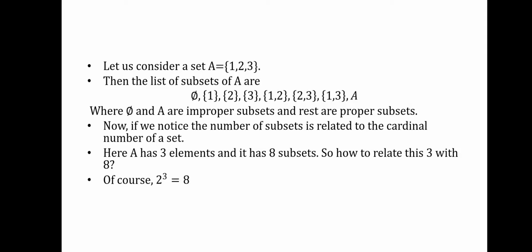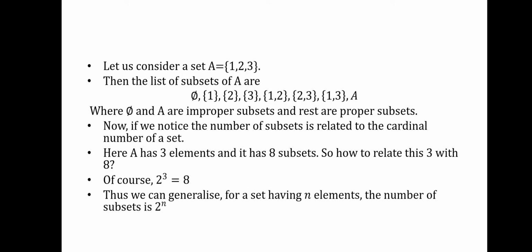So that means what? If I have n number of elements, whatever that n be, if I have 10 elements, if I have 12 elements, if I have 5 elements, it doesn't matter, then the number of subsets will be 2 to the power of that, right? This is what the generalization is basically.